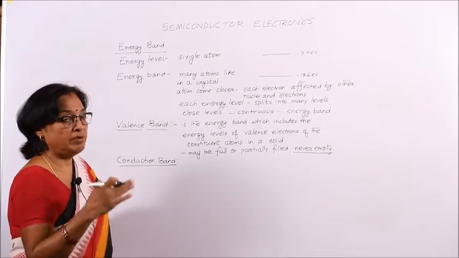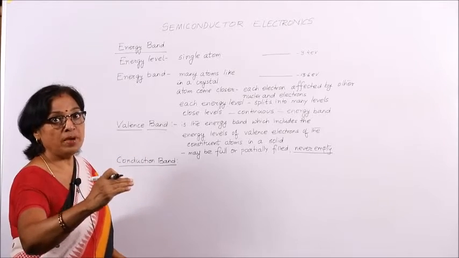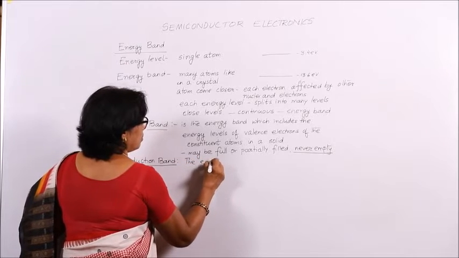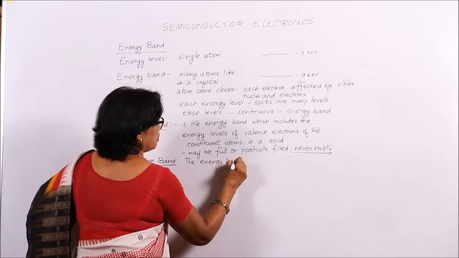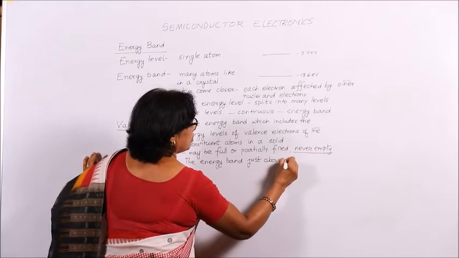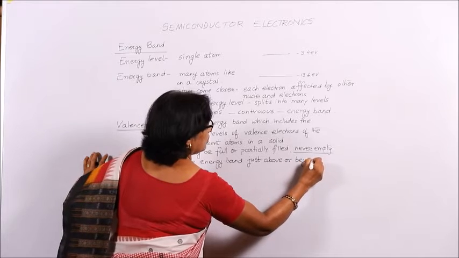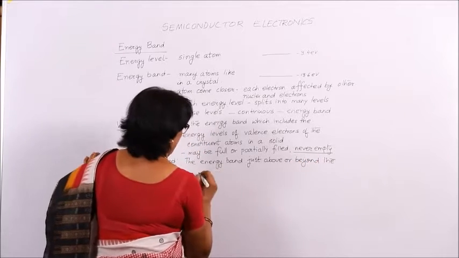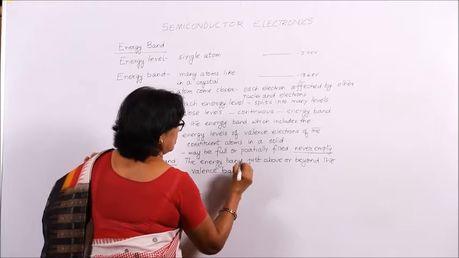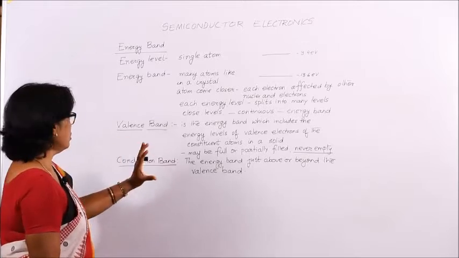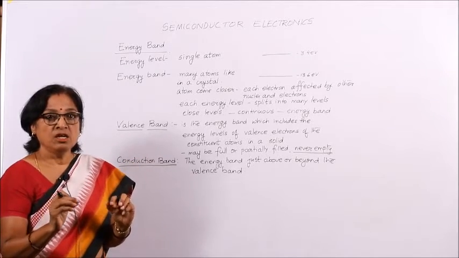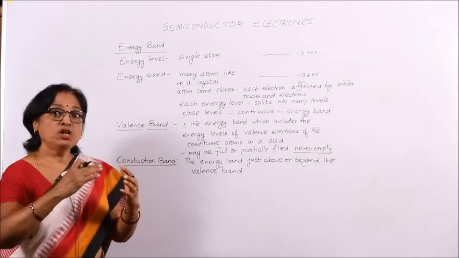That means the valence band is the band of the outermost electrons, whereas the conduction band is the energy band just above or beyond the valence band. If an electron is present in the conduction band, you can say that it is beyond the outermost orbit.